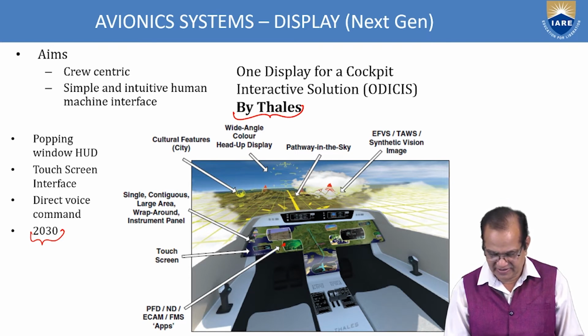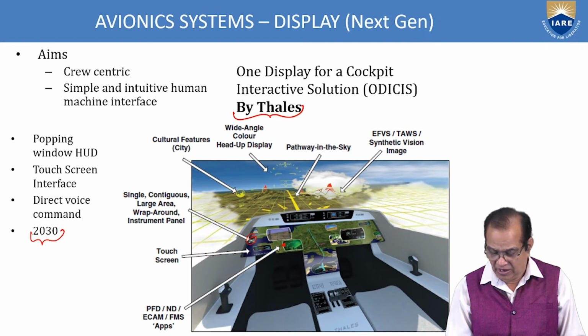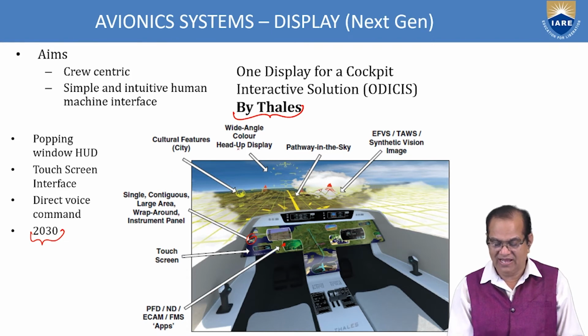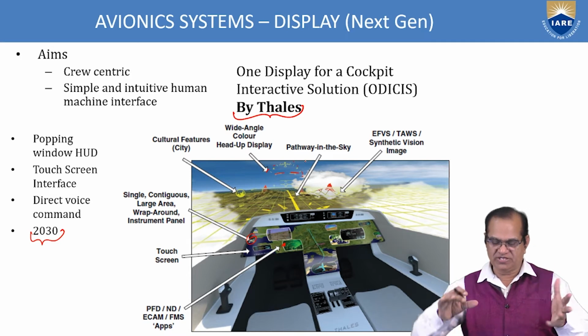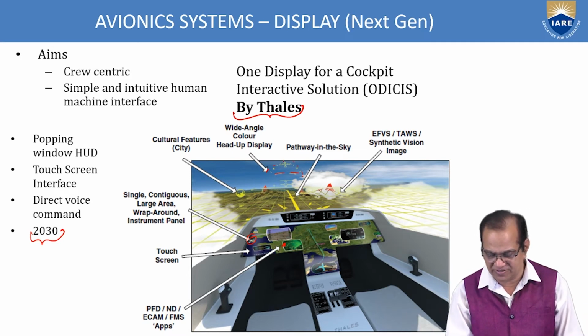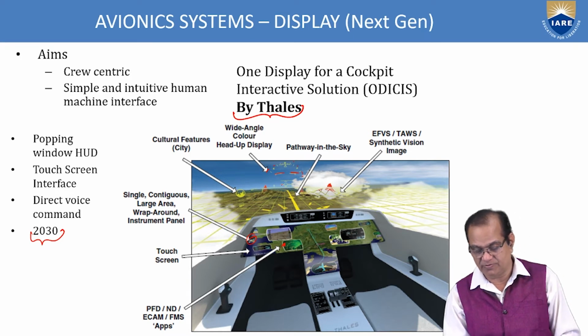On the cockpit glass, you will get cultural features, the cities and all. You will get a wide angle color head-up display. Here you will see all the rolling, yawing, pitching, all types of motion of the aircraft. It is called wide range head-up display.